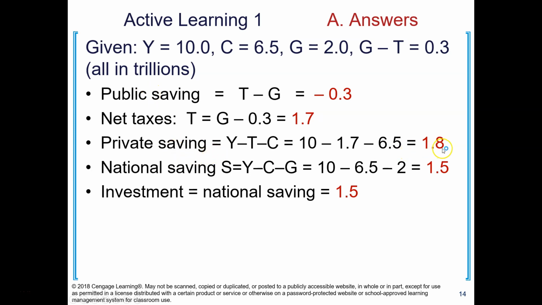Private savings is $1.8 trillion and the public saving is minus $0.3 trillion, so national saving is $1.5 trillion. Or we can use the identity that we saw earlier, income minus consumption by the private citizens minus government expenditures, and we'll get the same number, $1.5 trillion. For investment, we saw that investment has to be equal to the national savings, and we know national saving is $1.5 trillion, so investment is $1.5 trillion as well.